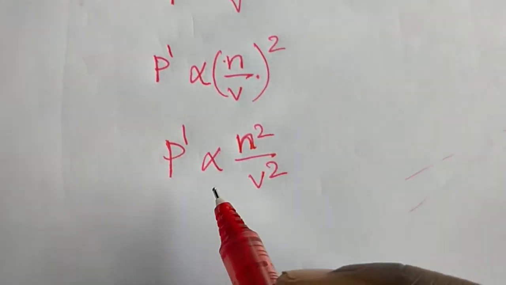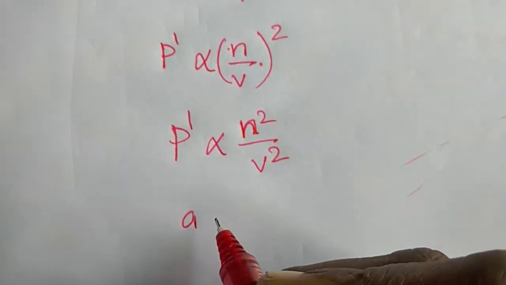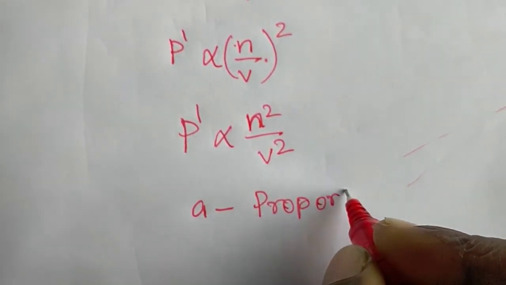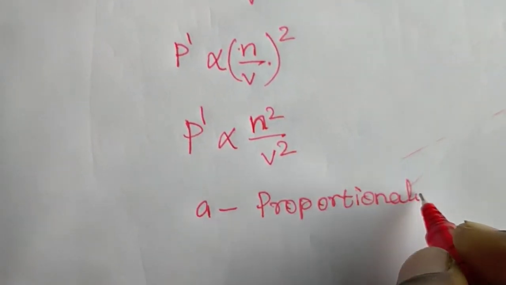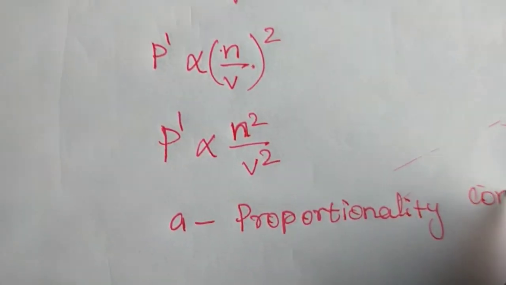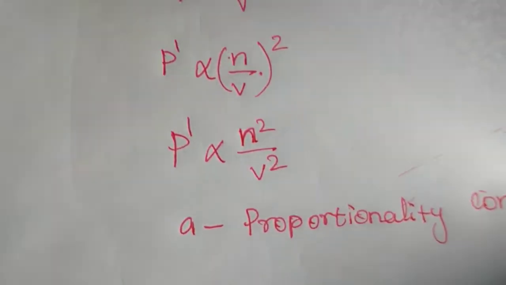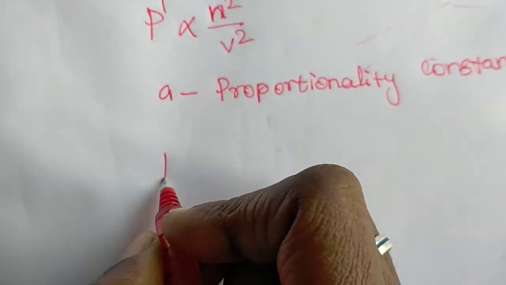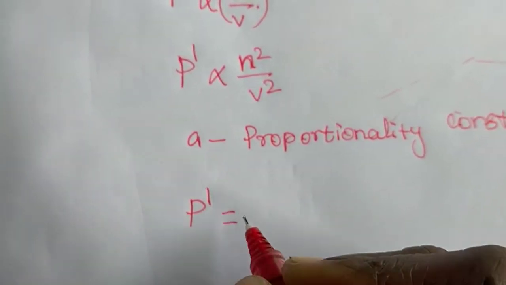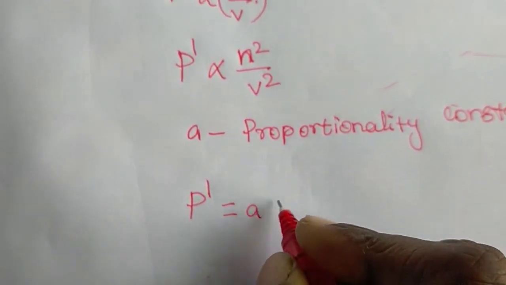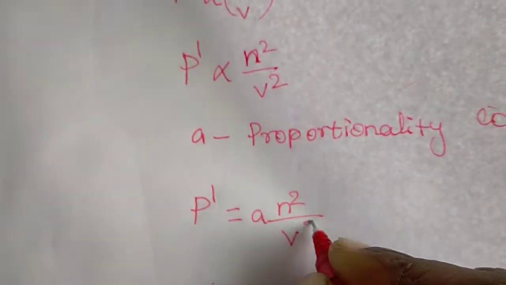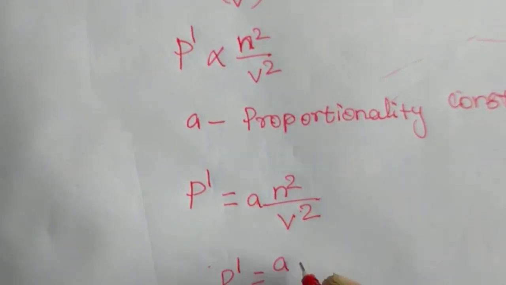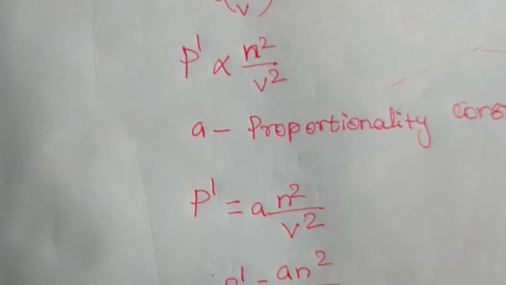Then to remove the proportionality, we add a proportionality constant A. So we can write P dash equal to A N square divided by V square.